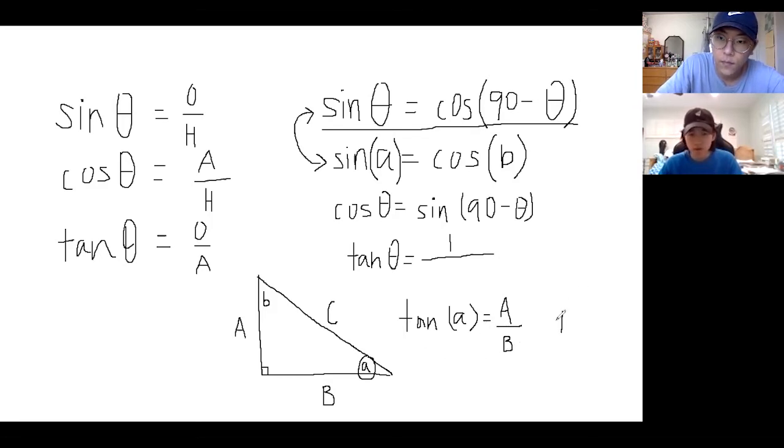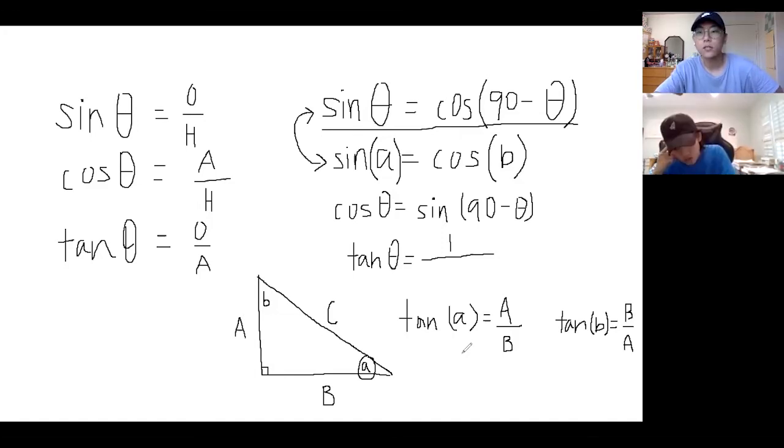B over A. Yeah, so A and B are not the angles, but these two values are reciprocals. Yeah, those two are reciprocals.